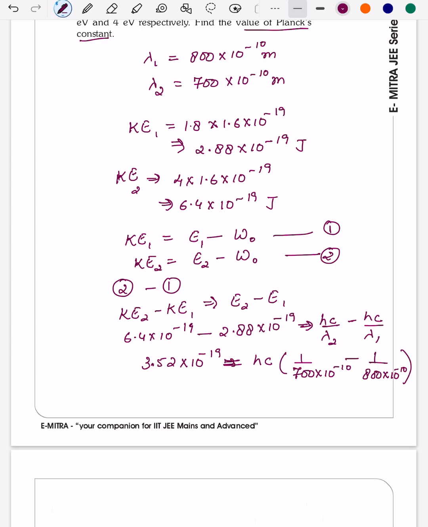Okay, from here we just have to find out the value of H.